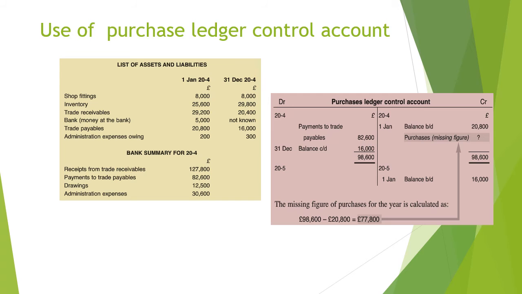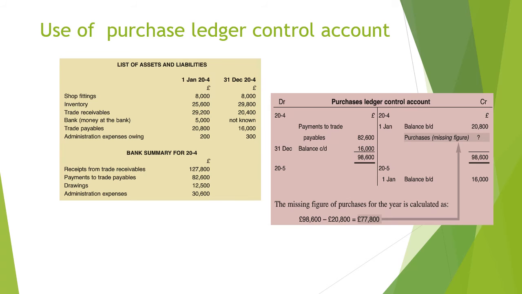Balance brought down on 1st January was £20,800. This is a liability, so it's on the credit side. During the year, we have made a payment of £82,600. When we balance it, we get a balance carried down amount of £16,000.